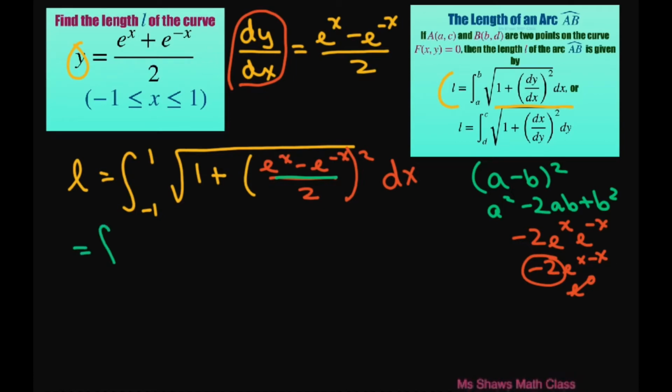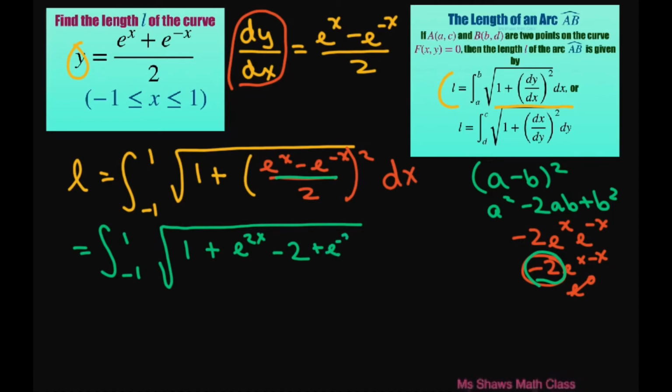So we're going to have our integral from -1 to 1, square root, and we're going to have 1 plus (e^(2x) minus 2, which is what we already got here, plus e^(-2x)) all divided by 2 squared. Now what I can do is square this 2.